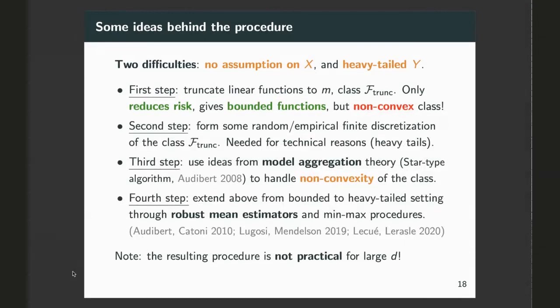I have a question. Can you hear me? Yes. You suppose that Y is heavy-tailed, that it has a finite second moment, but can you extend to a corrupted setting where you have outliers in Y? This is something that is done a lot in the robust literature.